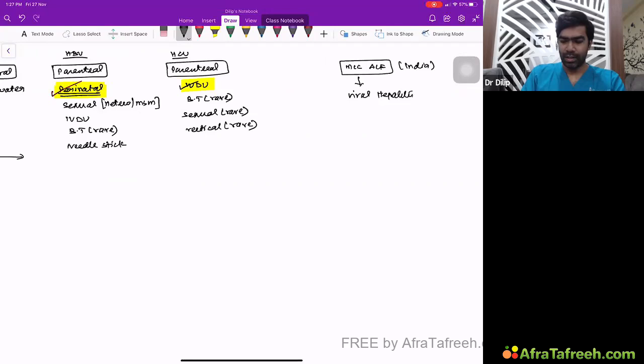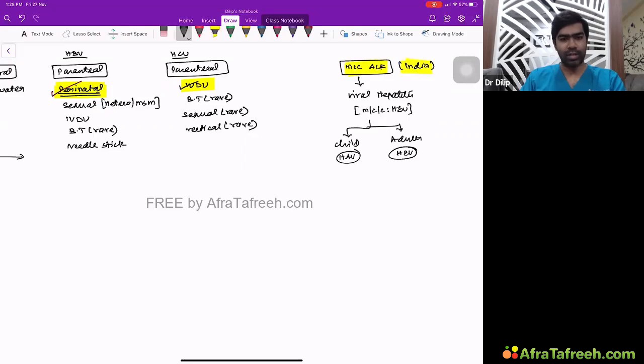And in viral hepatitis, the most common cause will be hepatitis E virus only. But if they specifically ask you in children, the answer will become hepatitis A virus. If they specifically ask you in adults or probably pregnant women, the answer will be hepatitis E virus. That's the usual thing. But the most common cause of acute liver failure in India is always viral hepatitis only, without a doubt.